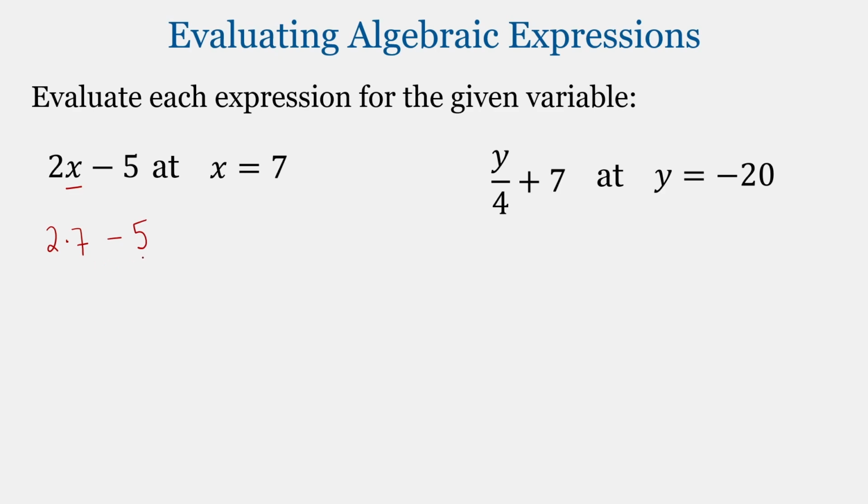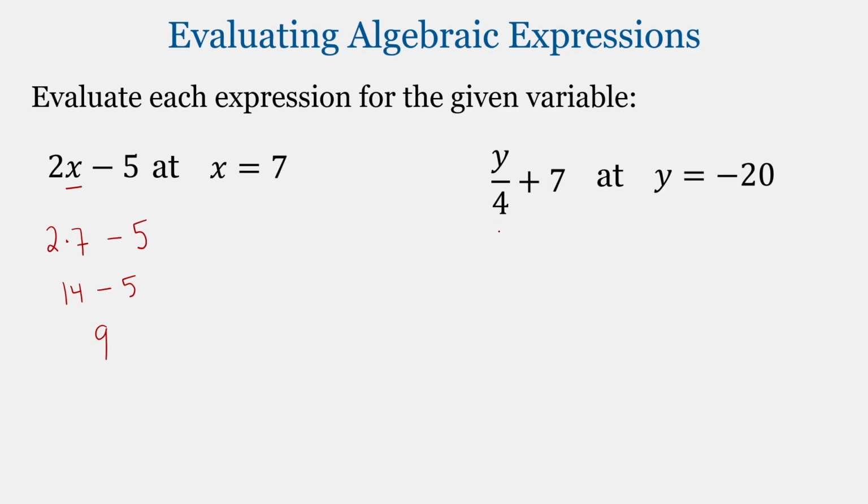Following PEMDAS, for this expression, we do this multiplication first. So that's 14 minus 5, and that is 9. The expression 2x minus 5 has a value of 9 when x is equal to 7.